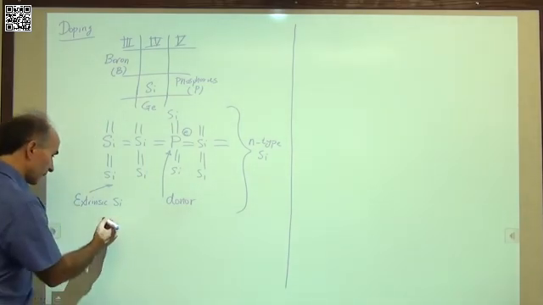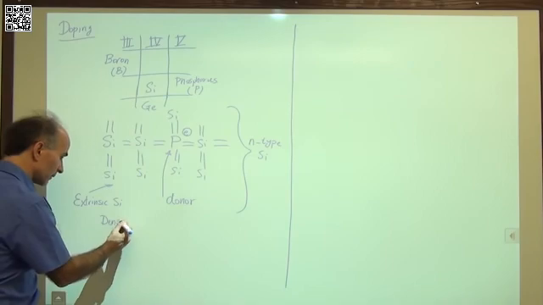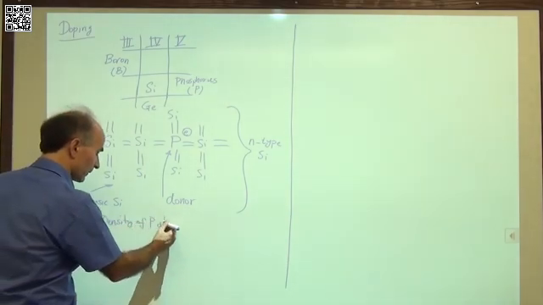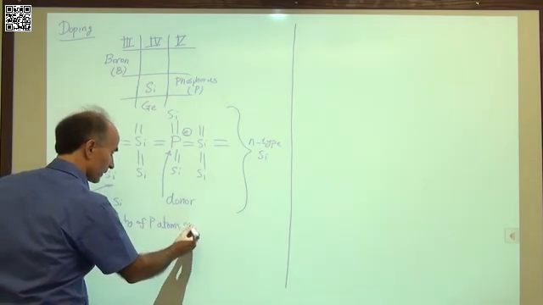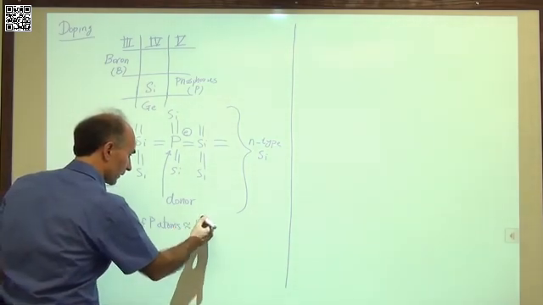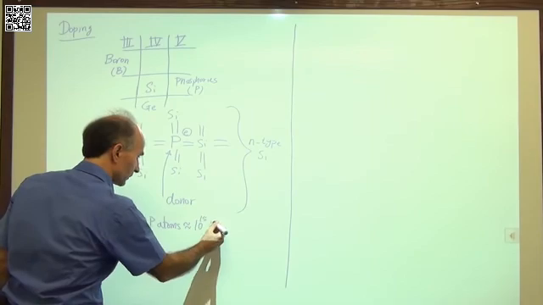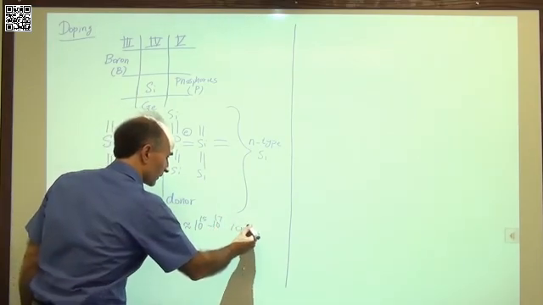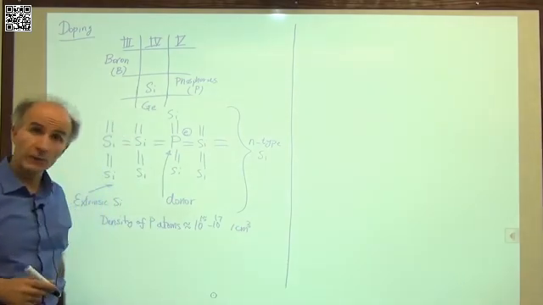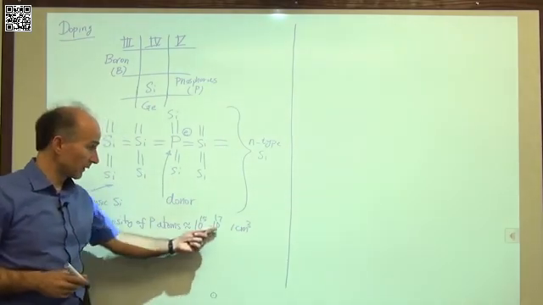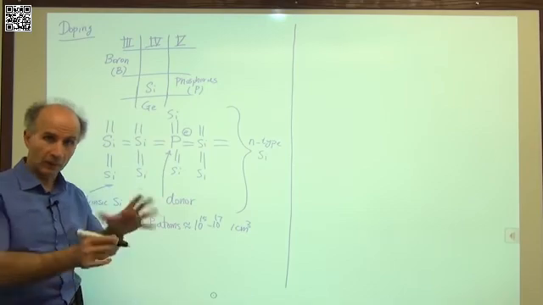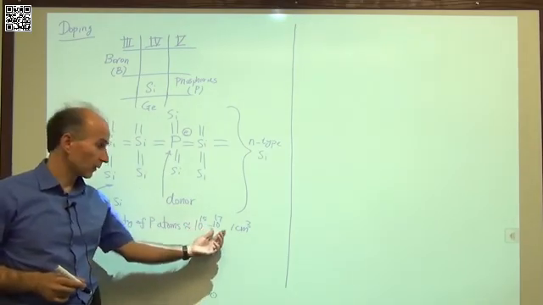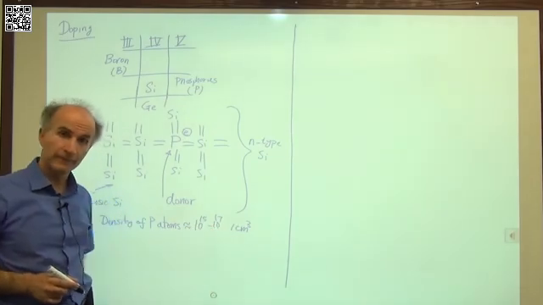So density of phosphorus atoms is about 10 to the 15 to 10 to the 17 per cubic centimeter. So when we dope silicon, typically we choose a number in this range, depending on what we're trying to do. This is considered lightly doped. This is called heavily doped.